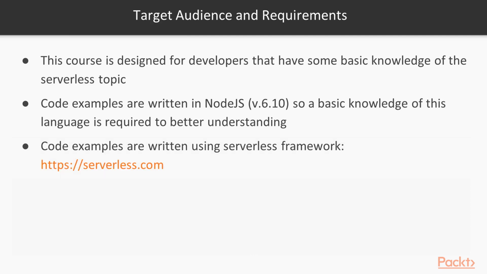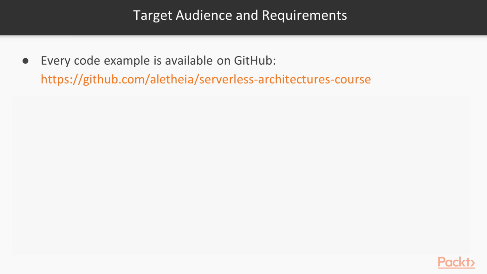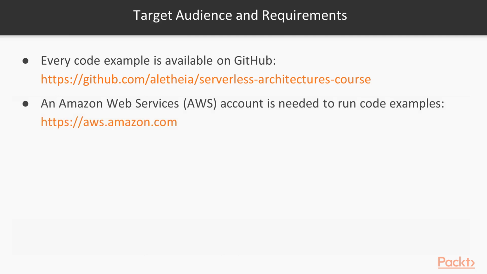The code examples are written using Serverless Framework. You can definitely download that from the URL, and code examples are available on GitHub. So you can go to GitHub, clone the repository, and check out the examples. And finally, we will be using Amazon Web Services as our preferred vendor to implement the code samples.